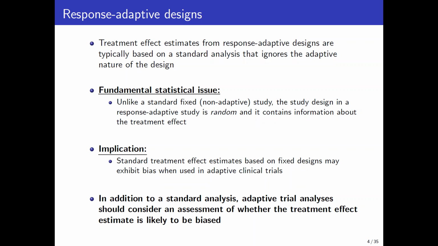And so that's really the fundamental motivation of the work that we're doing here. And it raises the question that in addition to a standard analysis, and I'm not suggesting that we wouldn't perform a standard analysis for an adaptive clinical trial, but in addition to a standard analysis, should we be considering looking at other sorts of analyses and assessing whether or not those standard analyses are potentially biased?